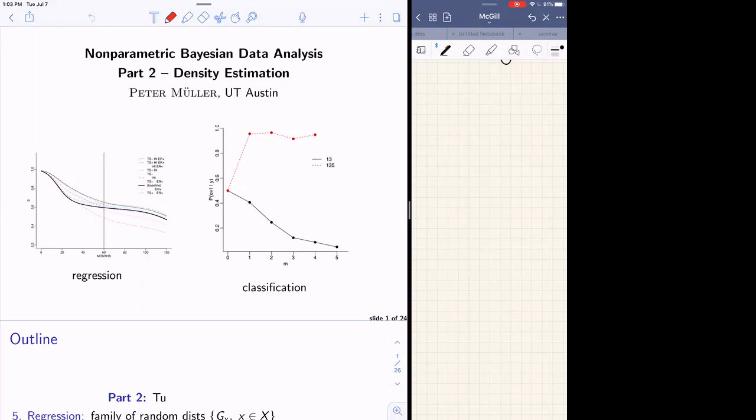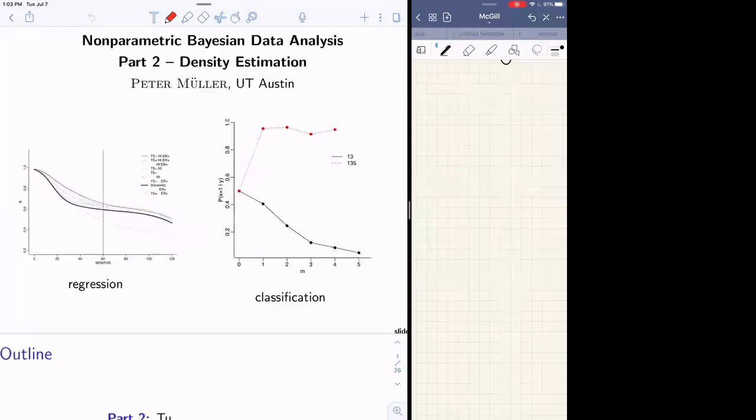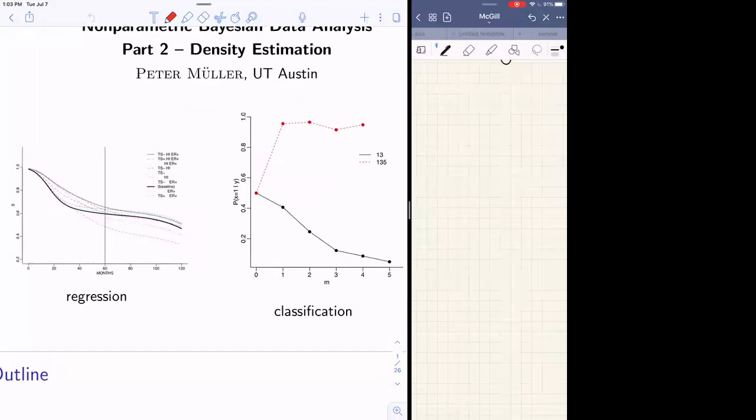Those are two examples of regression. On the left slide, you're seeing survival functions. For survival analysis, for event times, it's customary to show distributions as a survival function, which is just 1 minus the CDF.